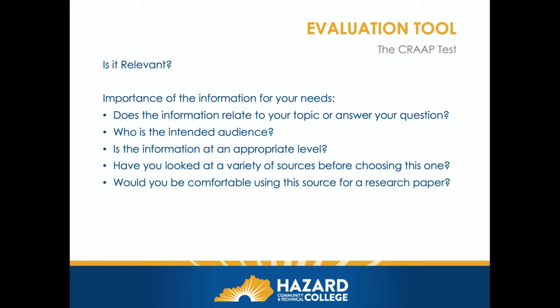Another question you can ask yourself, have you looked at a variety of sources before choosing this one? Don't just automatically go with the first article that you find in a search. Make sure that you are really doing the work and acquiring a pool of articles that you can choose from.